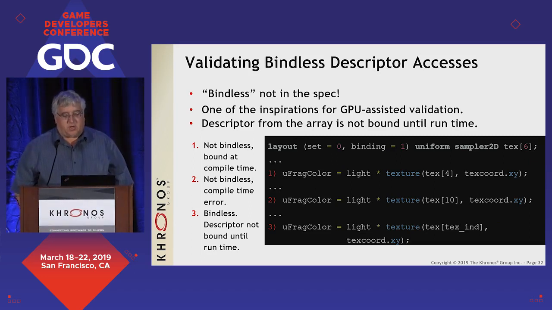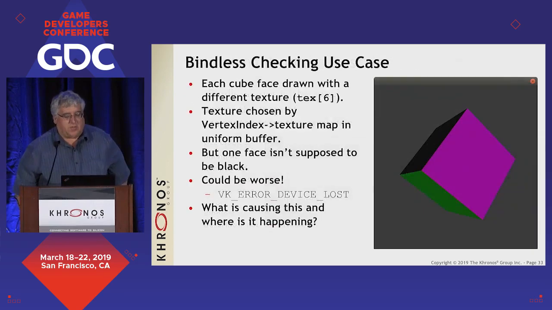One of the things we targeted with GPU validation is something called bindless descriptor accesses. And the word bindless, kind of ironically, doesn't show up anywhere in the Vulkan spec. So just to make sure we're on the same page of what that means, in this example, if you have an array of textures, in this case there's 6 of them, if you access them with a fixed index of 4, well, that's not bindless because the compiler can figure it out.